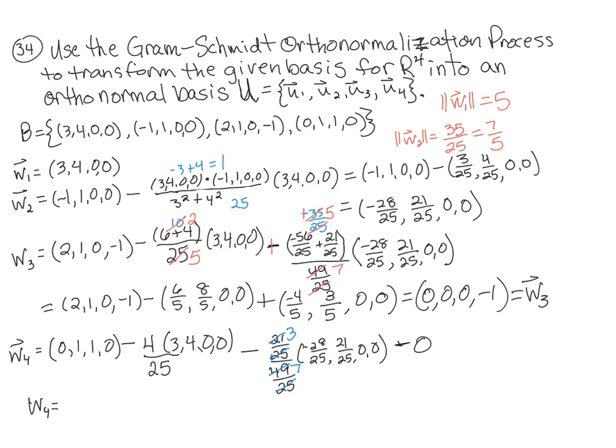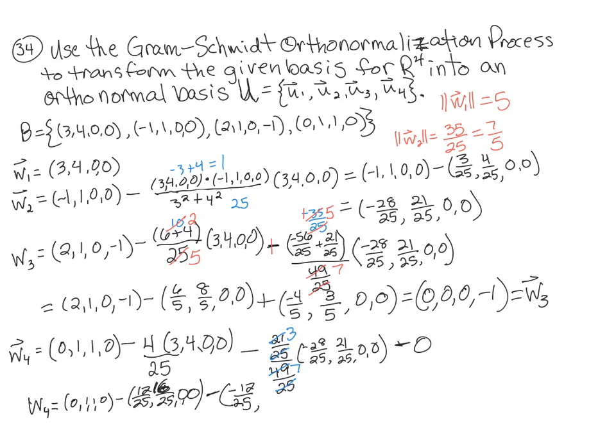W4 equals 0, 1, 1, 0 minus 12 over 25, 16 over 25, 0, 0, minus, distributing the 3/7 is going to give me, 7 goes into negative 28, negative 4 times the 3 over the 25, and I'm running out of room.